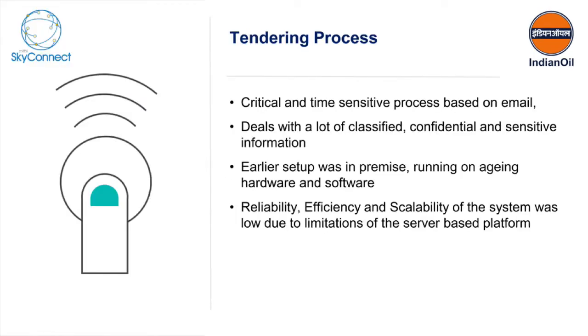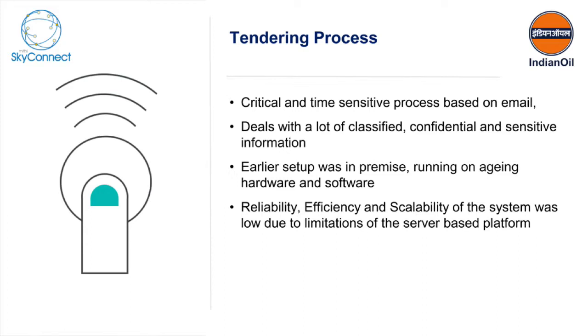We use ships to transport oil and charter all these ships using a tendering process. This process, which is based on email, deals with a lot of classified, confidential, and sensitive information that requires reliable and on-time delivery of mail. Often, the communication is last minute, requiring swift and prompt mail delivery.